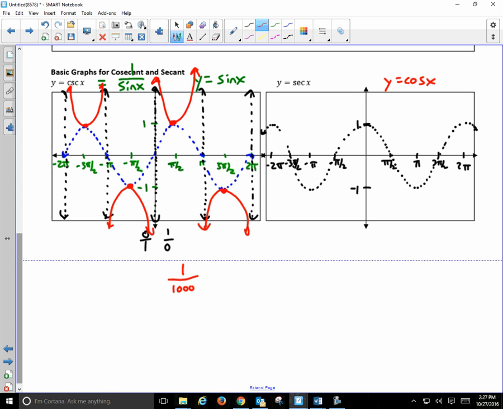What is the height right here? 0. What's the reciprocal of 0? So I draw vertical asymptotes wherever it goes through 0.